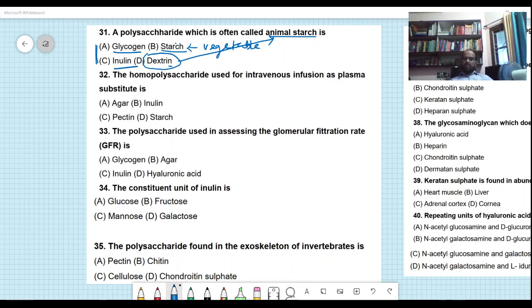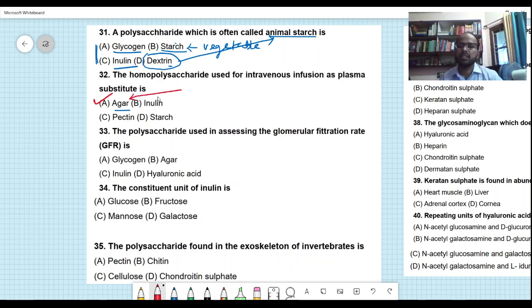The next question is a homopolysaccharide used for intravenous infusion as a plasma substitute. Intravenous means you have to give it within the veins. Agar is the right answer there. Homopolysaccharide, so this is also unique.